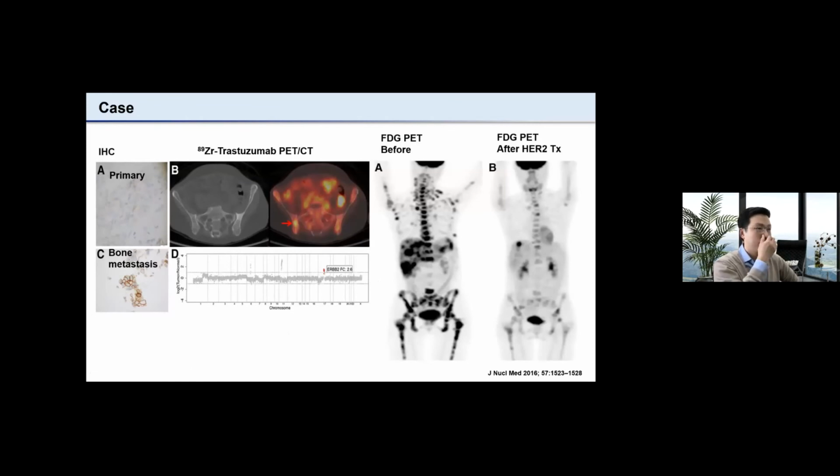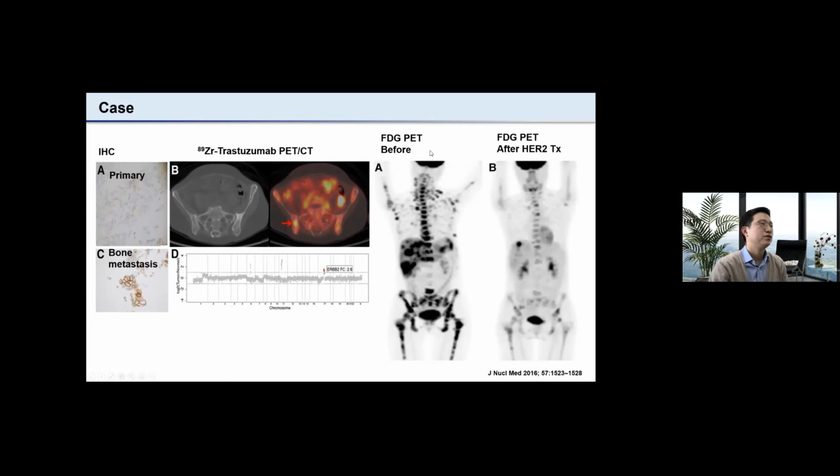And this is a similar case with a more dramatic change. Similarly, the primary tumor was HER2 negative, but in HER2 PET there was increased uptake in the bone area, which was later confirmed by biopsy to be a HER2 positive lesion. Then the patient underwent HER2 targeted therapy.